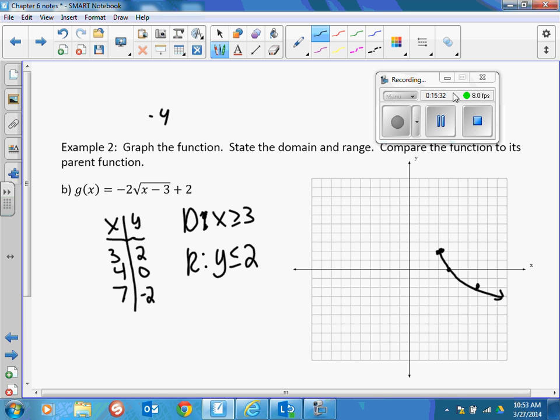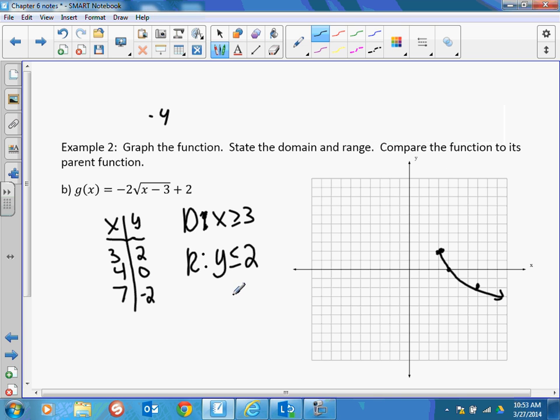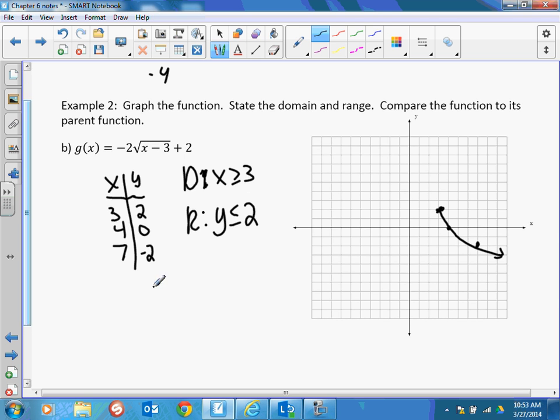Okay, and then compare to the parent function. There's a lot of comparing on this one. You've got the negative, which reflects it across the x-axis. That's what the negative on the 2 does. Then the 2 multiplies by 2, which makes it a vertical stretch.